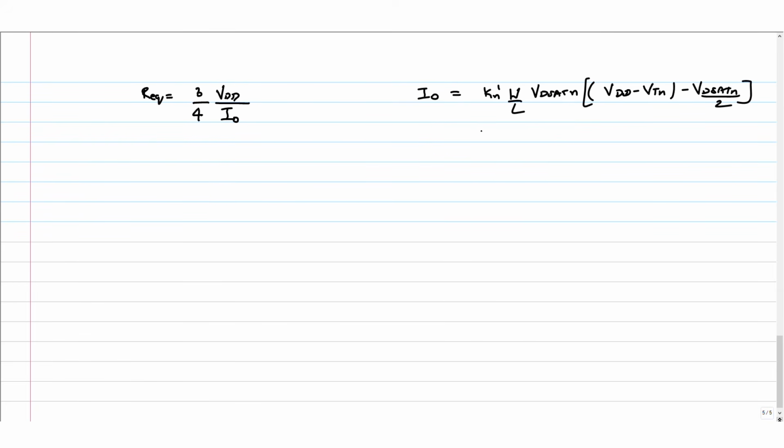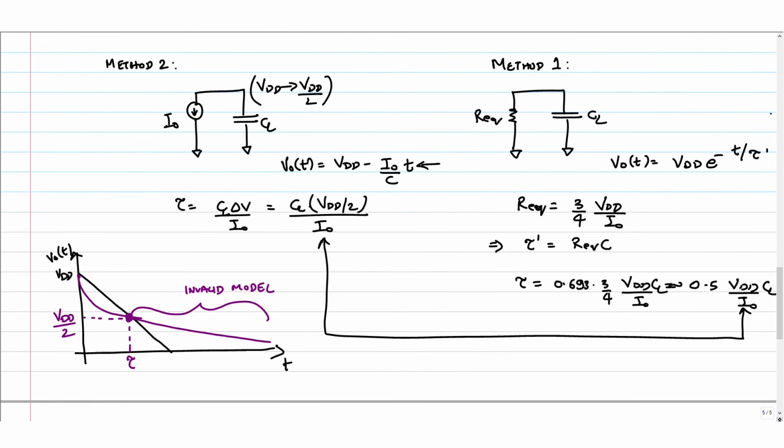If it is a long channel device and it enters saturation region, then it is just Kn prime W by L into Vdd minus Vt whole squared and half, right. This is saturation, velocity saturation, it does not matter. So, this is a long device, this is a short channel device.